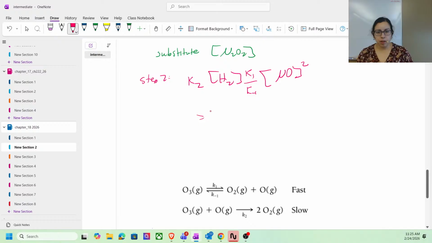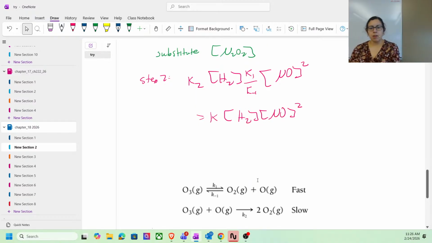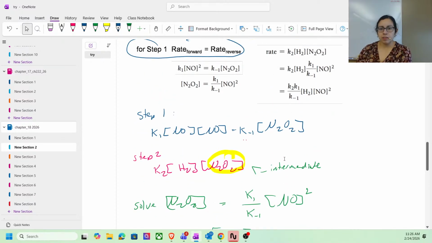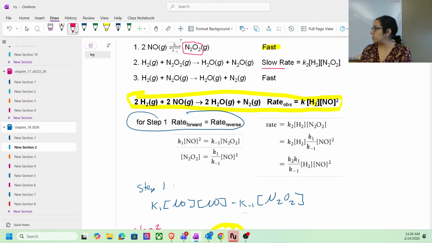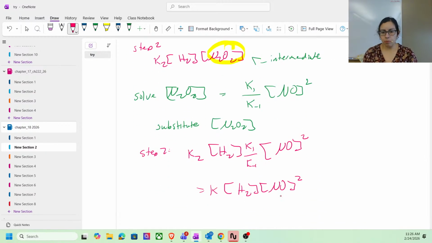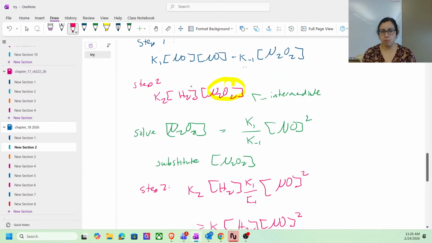So this is just new K times H2 times NO squared. And then double check, does that match our rate law? Yes, we were given it in terms of H2 and then second order with NO, which, like we have shown, matches our substitution based off of that fast step 1.